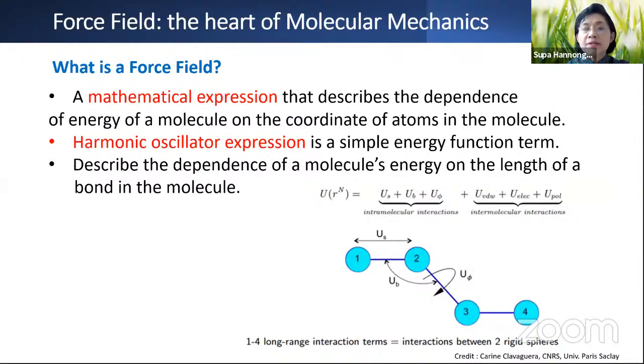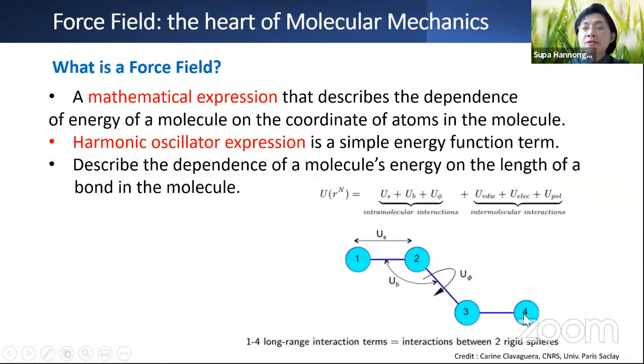Then based on the harmonic oscillator, you can have stretching between 1 and 2, 2 and 3, and then you can have the bending, the angular term over here. So you have the bonding and then the angular energy.